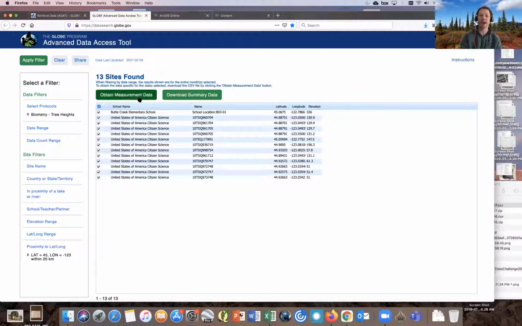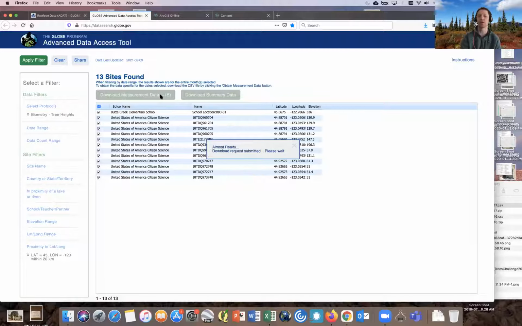And to actually get the data, I want to obtain the measurement data itself. And so you can see in those 13 sites or 13 locations, there's actually 15 tree heights that were measured. So it will take a little bit of time as the data gets packaged up and rolled up and made available to me. So, you know, you can wait a little bit.